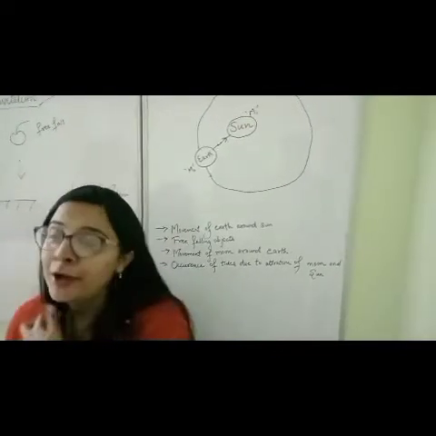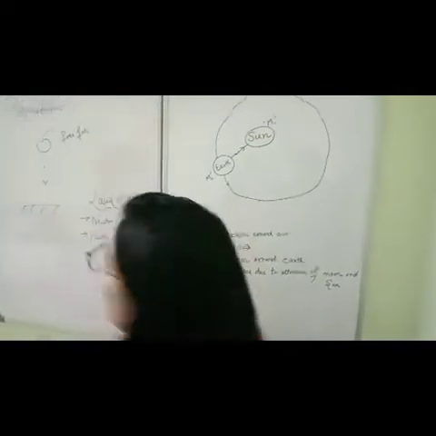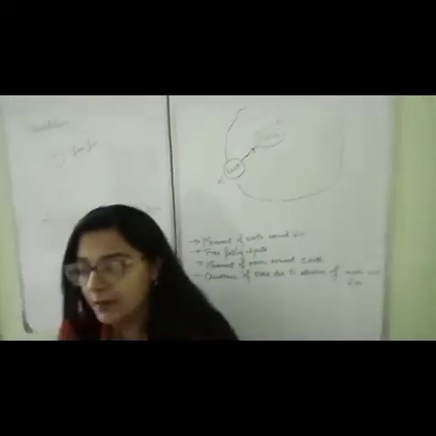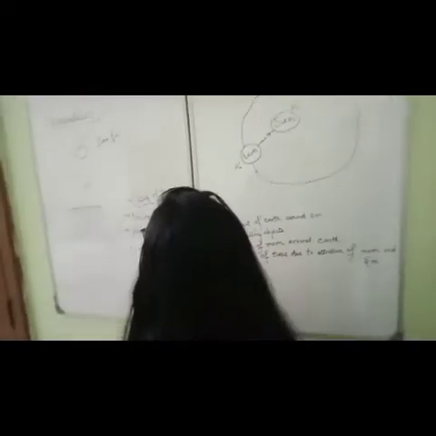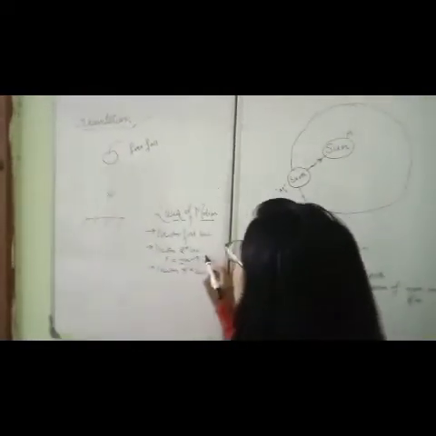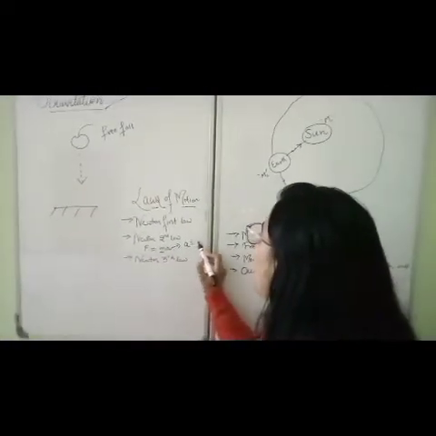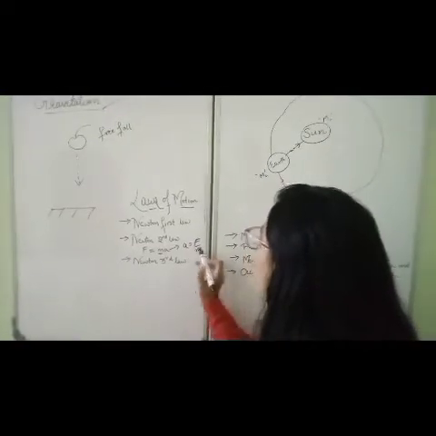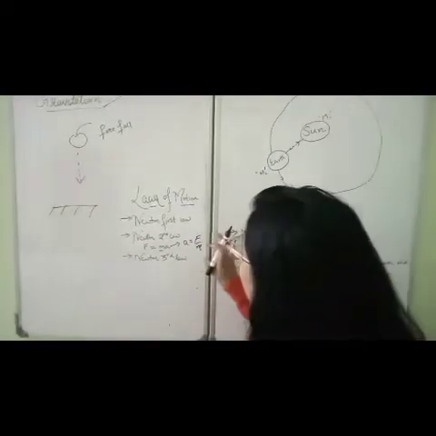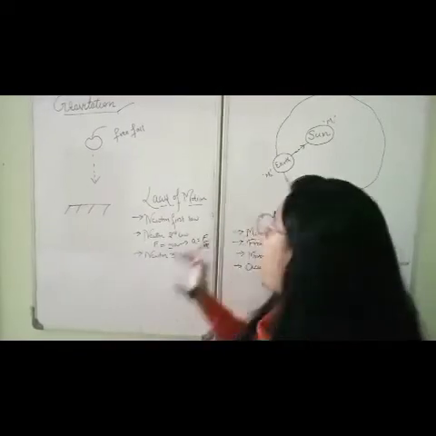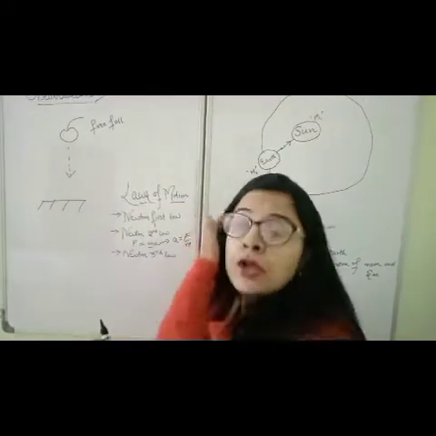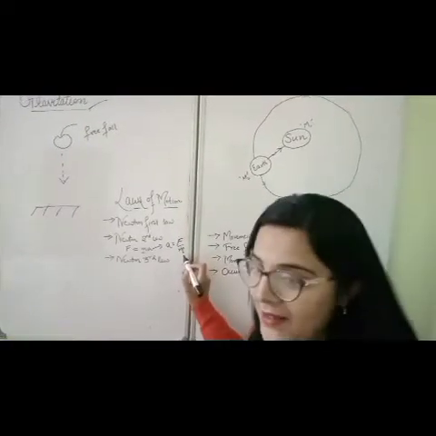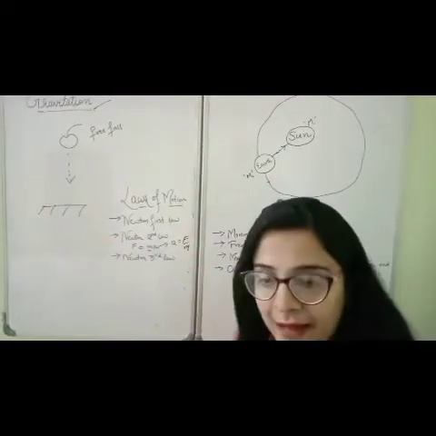The reason is the mass. According to Newton's second law, acceleration is equal to F by m. It is inversely proportional to mass m. So if the force is the same in both cases, equal and opposite forces, but the mass is large, the acceleration will be very small.